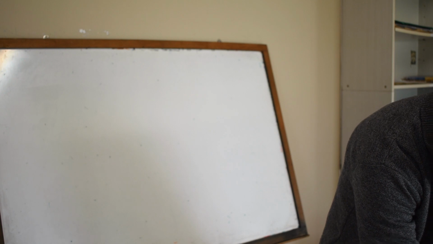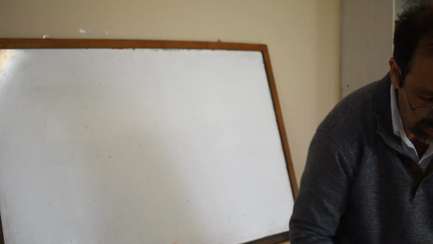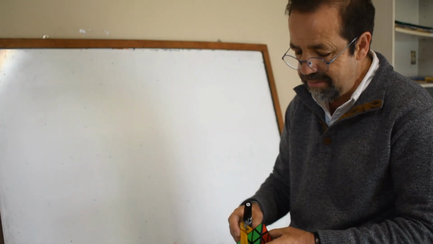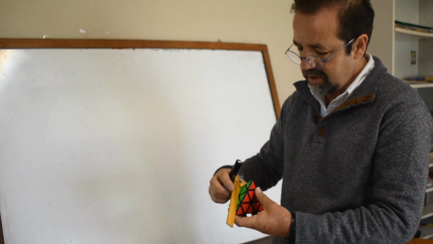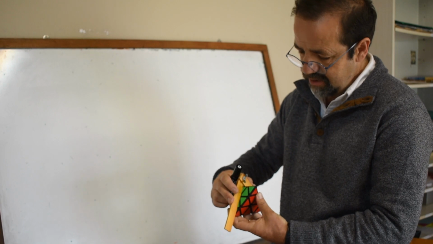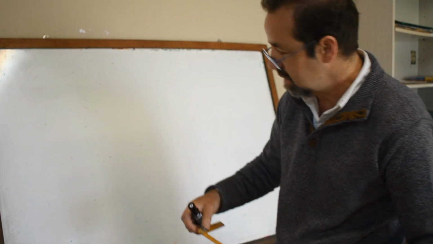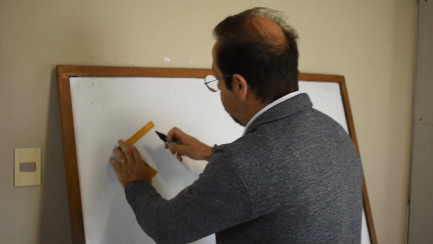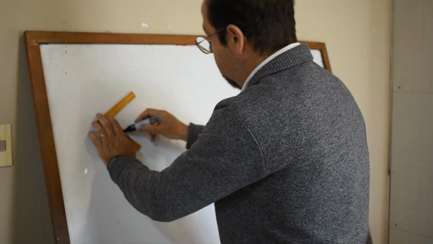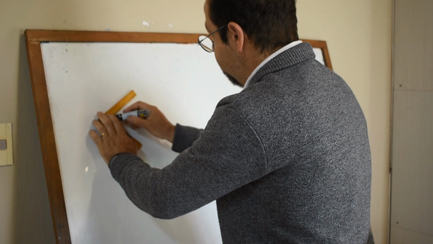So we are going to do two things. First, we are going to draw them, to estimate them. I have a Rubik tetrahedron, so I can measure, I can draw on a piece of paper, and it's going to be pretty accurate.